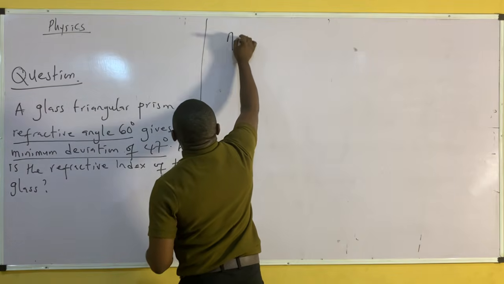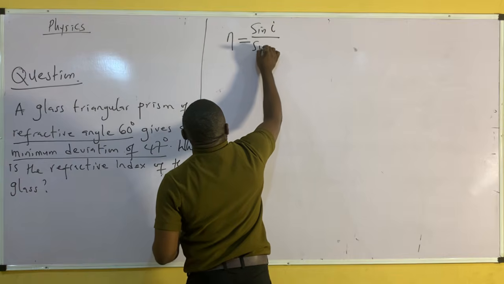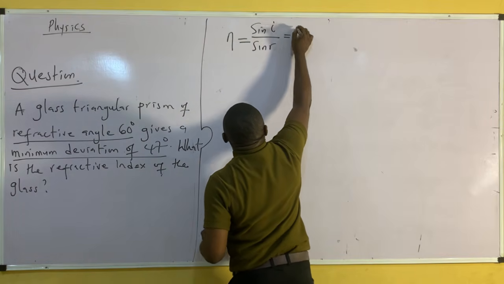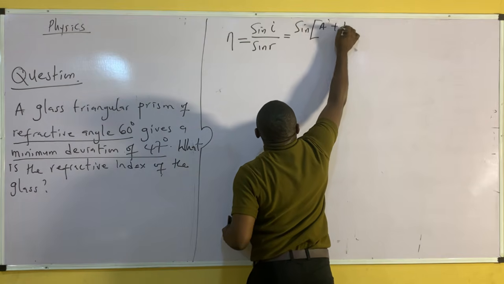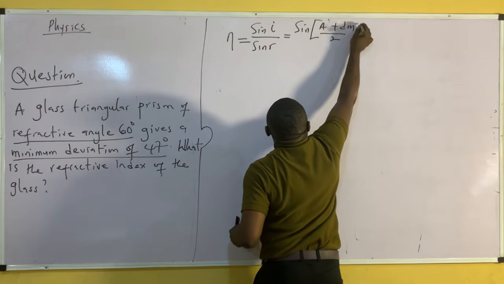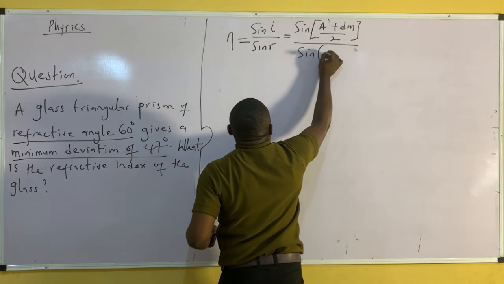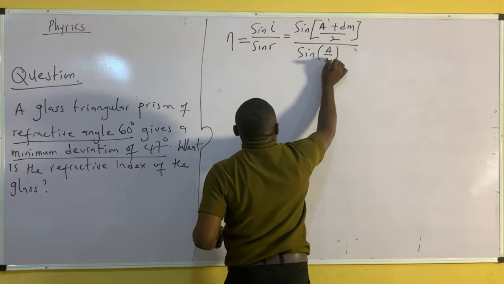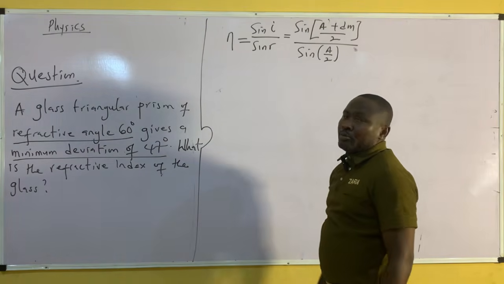I will be using refractive index equals sine i over sine r, which is equal to sine open bracket A plus dm over 2, all over sine open bracket A over 2. Remember, this is the formula for a triangular prism.